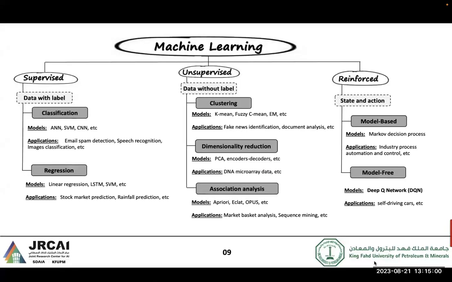All right, so now we move to the technical part of machine learning. As you know, machine learning models can be classified basically into 3 types, as shown in the figure here. This classification is based on the availability of the data and the type of the data that you have. This will classify your model.